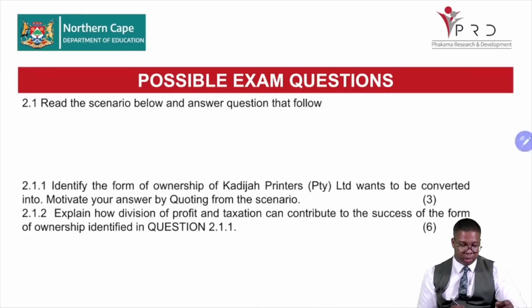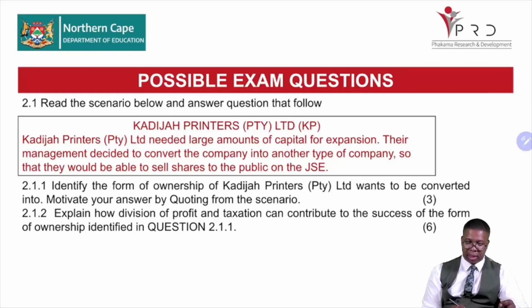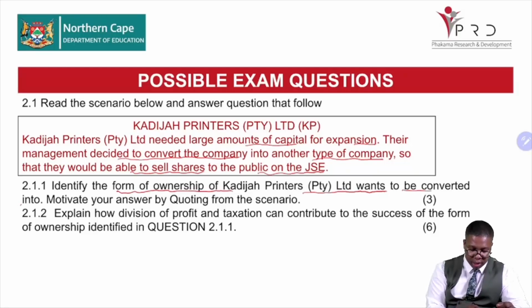Then possible exam question there, we have a scenario, Khadija Printers, Pty Ltd. It needs a large amount of capital for expansion, and their management decides to convert the company into another company so that they would be able to sell shares to the public on JSE. Now the question is, identify the form of ownership that Khadija Printers Pty Ltd wants to be converted into. Motivate your answer by quoting from the scenario.